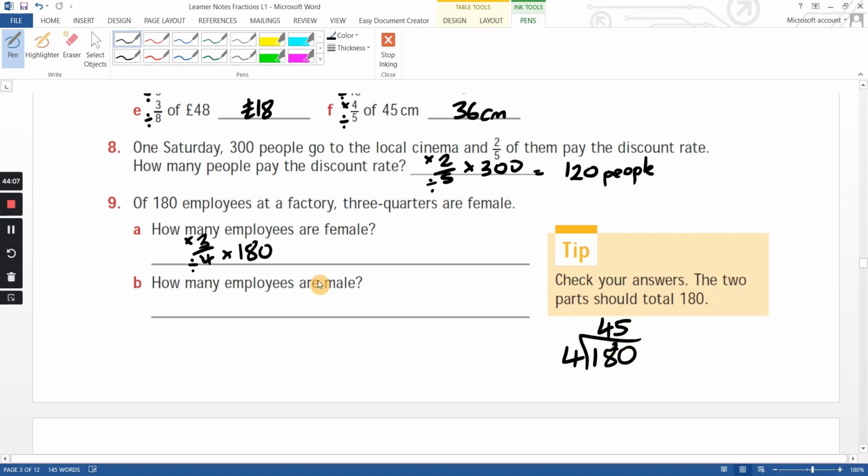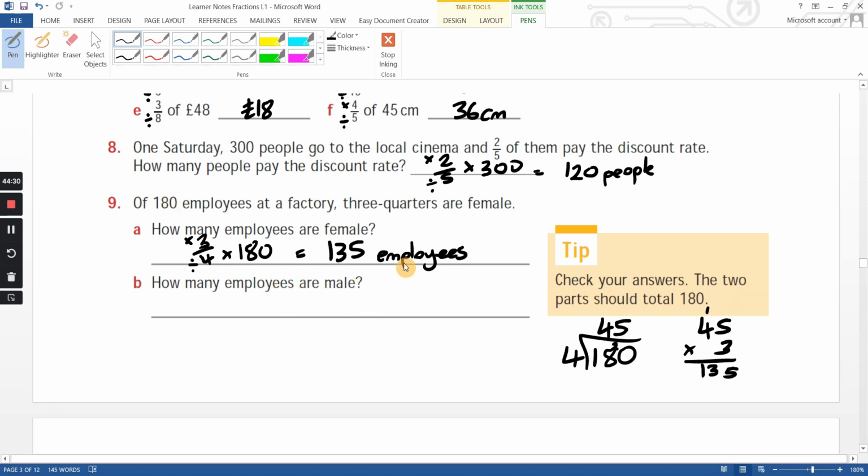That's going to be 45, right? And then 45 times by 3. That's going to give me 4 times 3 is 12, plus the 1 is 13. 135 employees. Yep. And then how many employees are male?